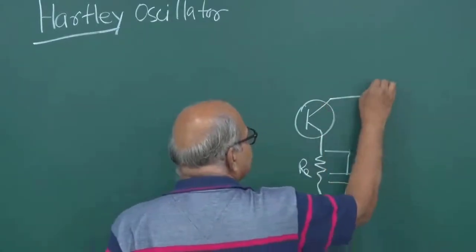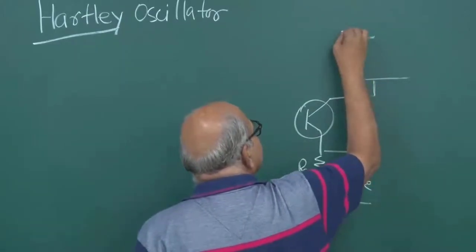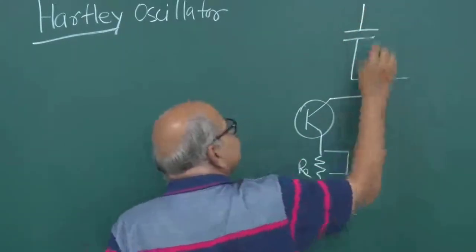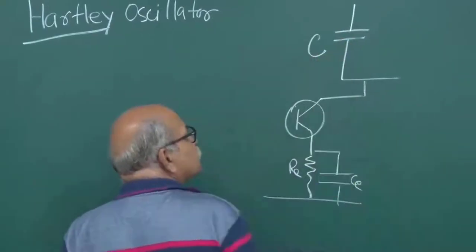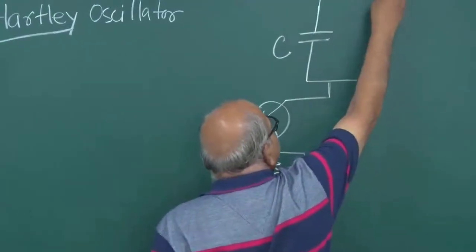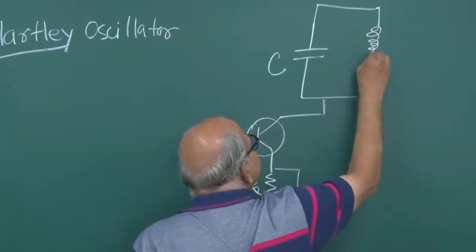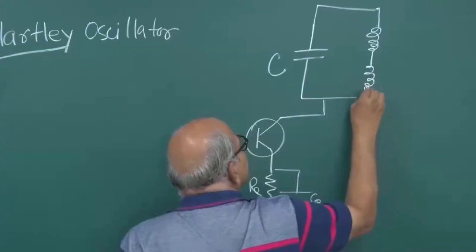and in the collector part you put that tuned circuit where you have this capacitance, and then on that L side, the inductor side, you generally have two inductors, L1 and L2.